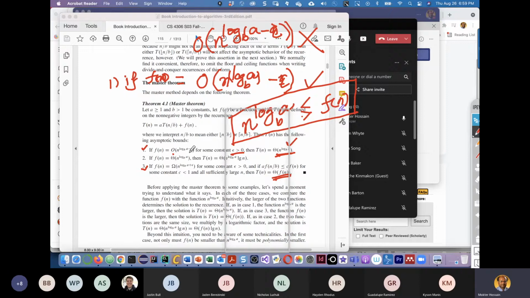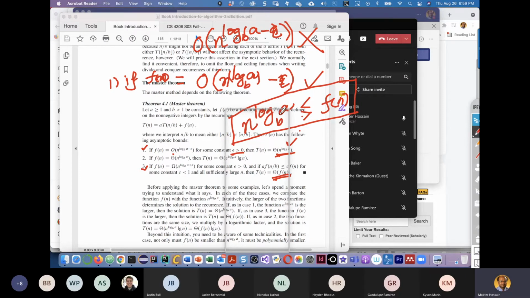So in case you say n to the power log base b of a minus epsilon, that means this one is the dominant. Whenever we see minus epsilon, for case 1, this is the larger.